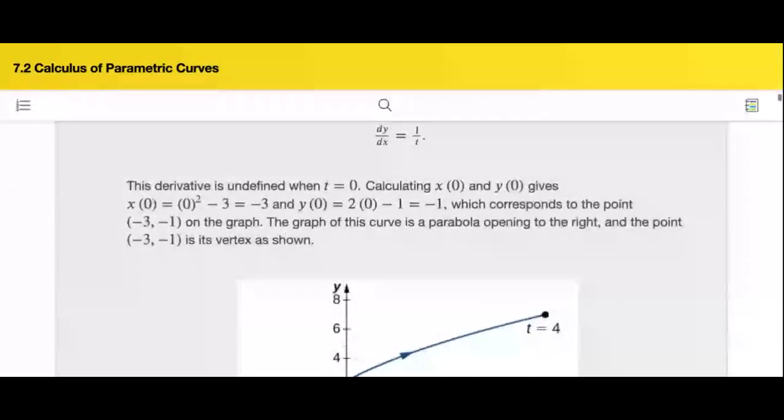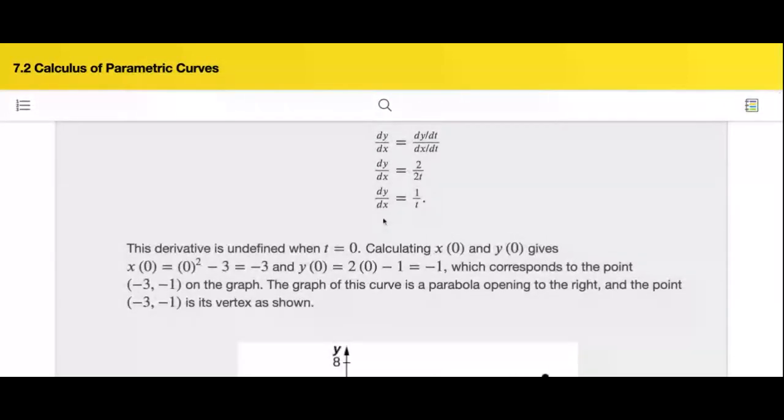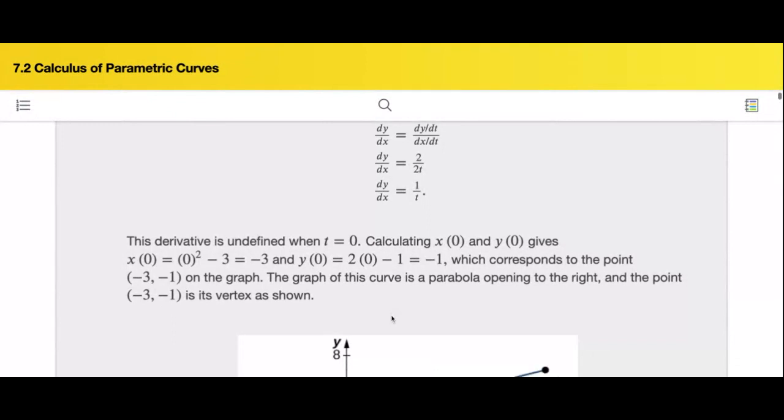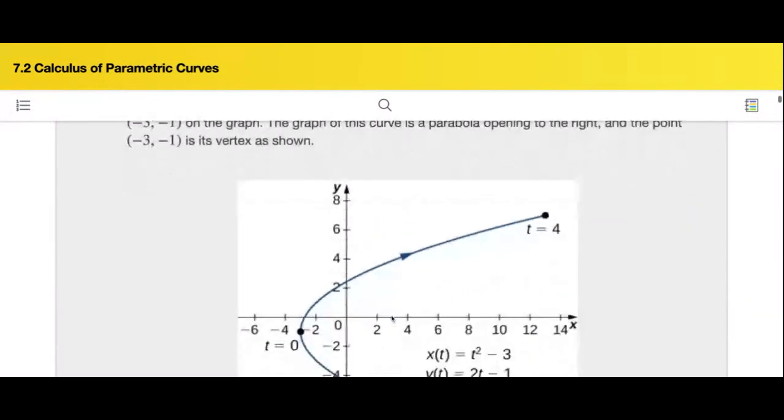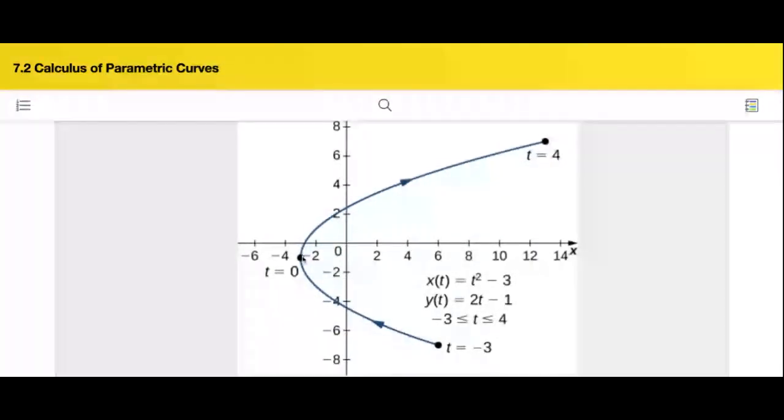That's why here we see dy/dx equals 1 over t, and t cannot be 0. If t is 0, it's undefined. You can see from this graph, at t equals 0, the tangent line is just undefined, so we won't be able to talk about dy/dx.